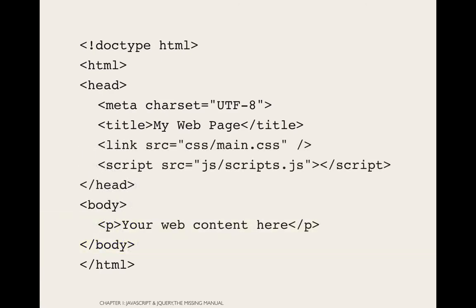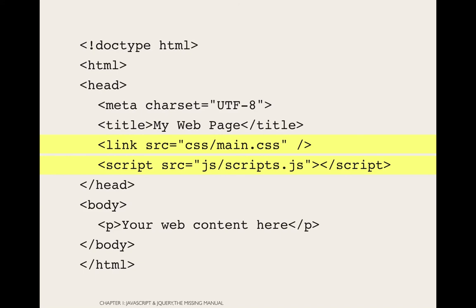Another way you can link to JavaScript is very similar to how you link to external CSS files. If you use a link tag, which is an empty tag, to link to an external CSS file with a source attribute, we use the script tag for JavaScript to point to an external file, and we use the source attribute as well.